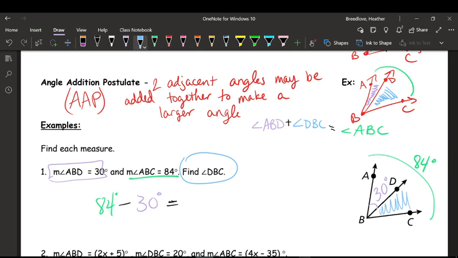So I know that blue one's 54 degrees because 30 plus something has to equal 84. So 84 minus 30 equals that something, and the only way for that to be true is to make it 54 degrees. All right, so that's your basic concept.